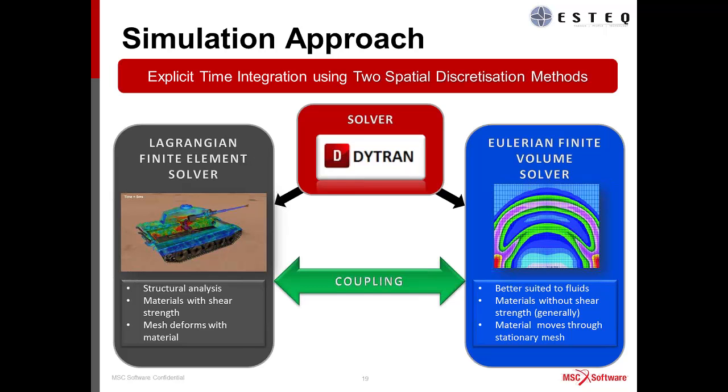The coupling ensures that the loads from the blast get transferred to the structure efficiently, and that the structure acts as a boundary to the flow in the Eulerian domain. That is a really robust and unique feature of Dytran, in my opinion.